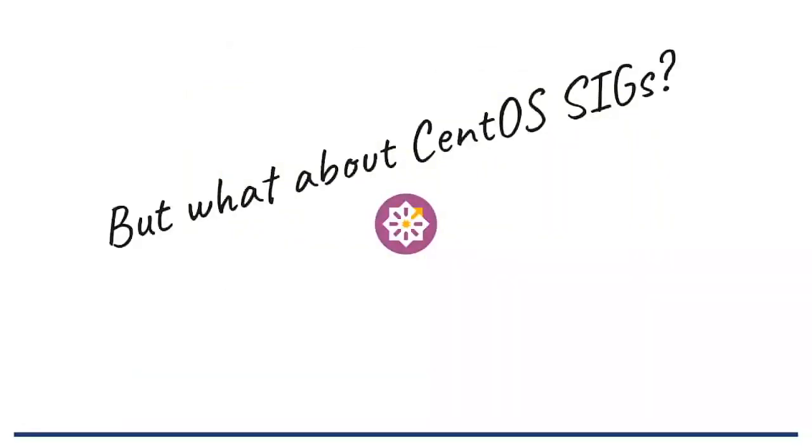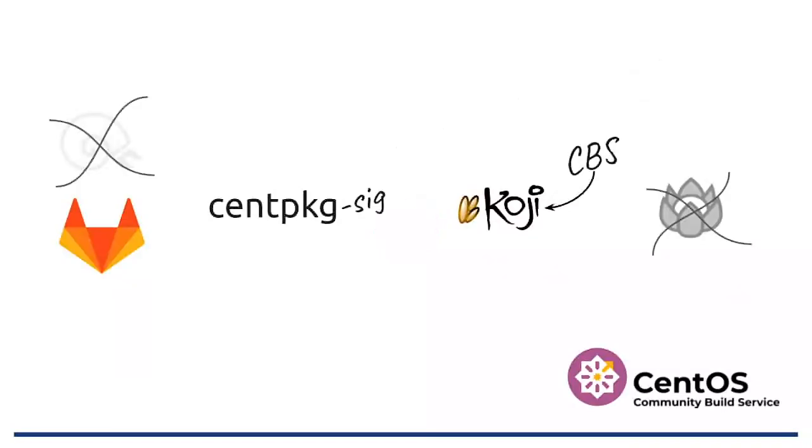Okay, so finally we are getting to the SIGs. It took me a while to figure out all the services, and bear with me if I made any mistake, because maybe I'm still not understanding it all.